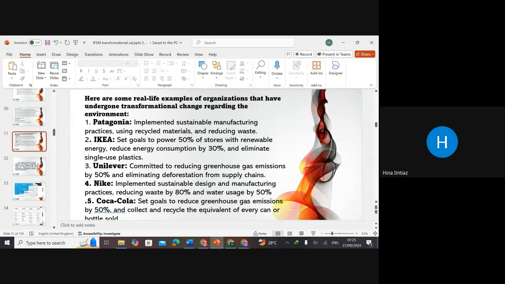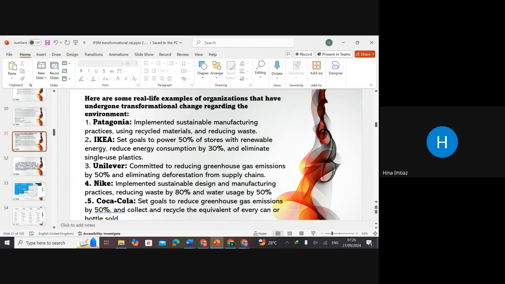So first is Patagonia. Patagonia implemented sustainable manufacturing practices using recycled material and reducing waste. So the first organization which brings this transformational change is Patagonia.